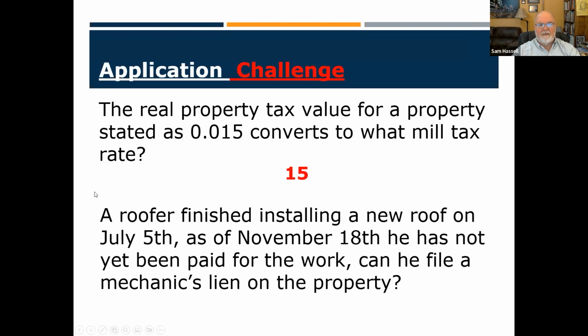All right. A roofer finished installing a new roof on July 5th. As of November 18th, he has not yet been paid for the work. Can he file a mechanics lien on the property? Remember our dates now. Finished the roof on July 5th. November 18th, he has not yet been paid for the work. Can he file that lien?